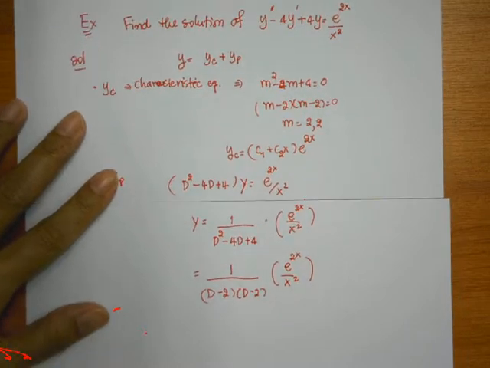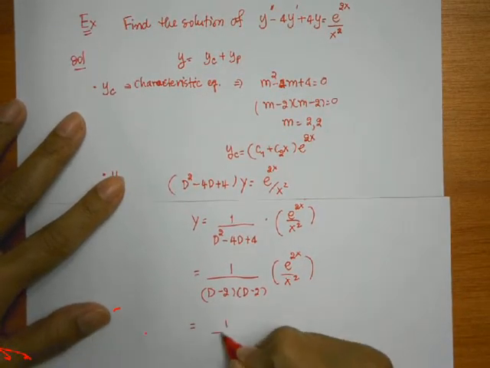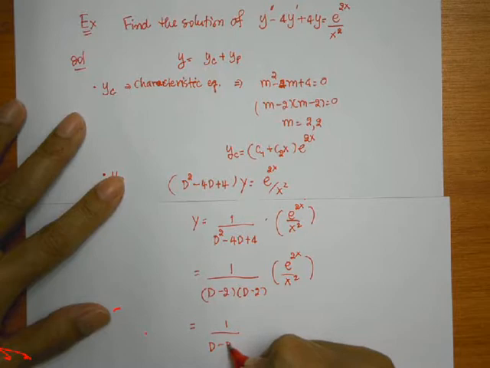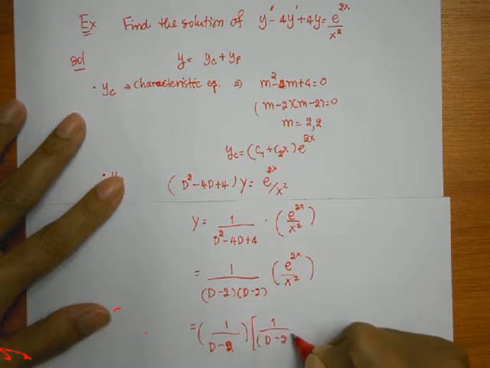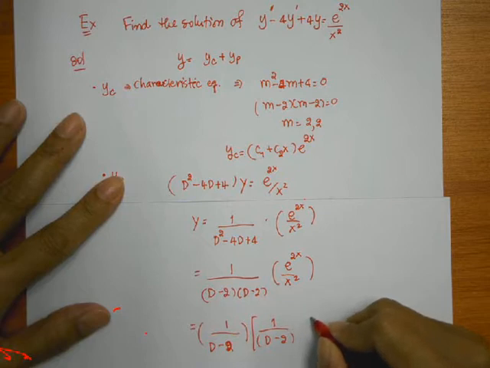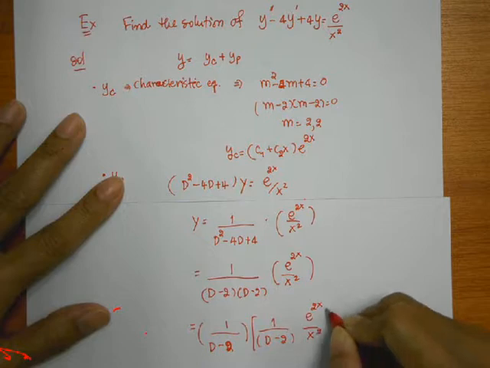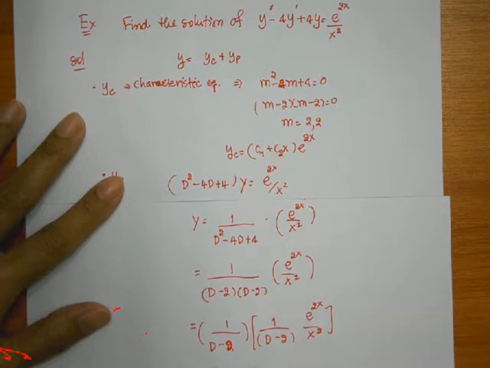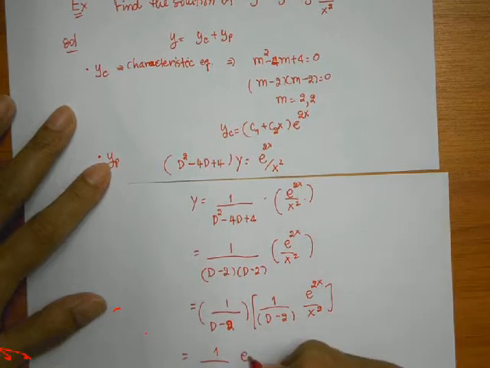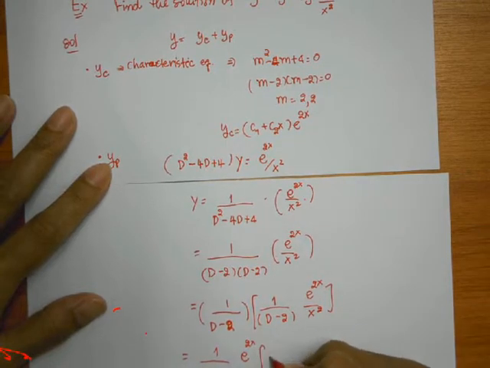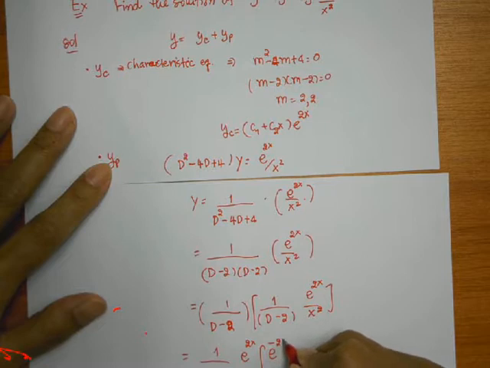In order to find y, we got to use the definition of 1 over D minus a that we just found out, which is equal to e to the 2x integral of e to the minus 2x times dx.